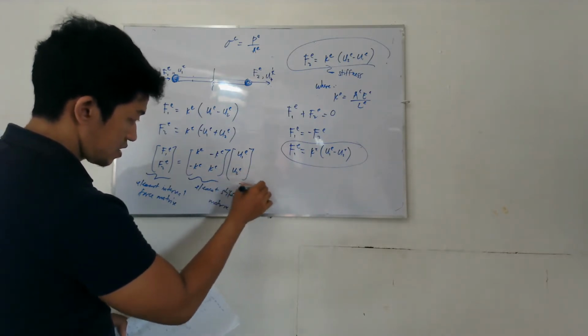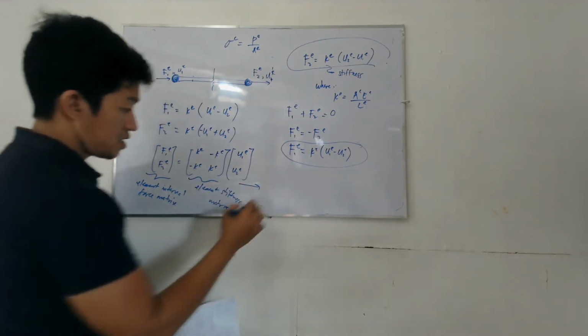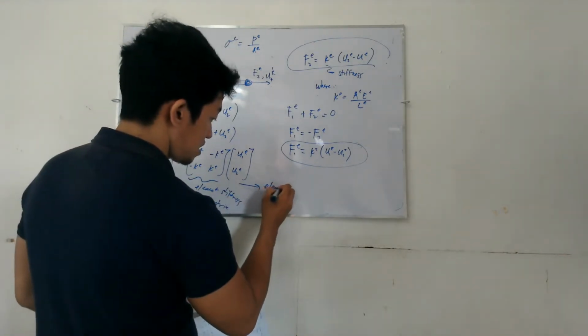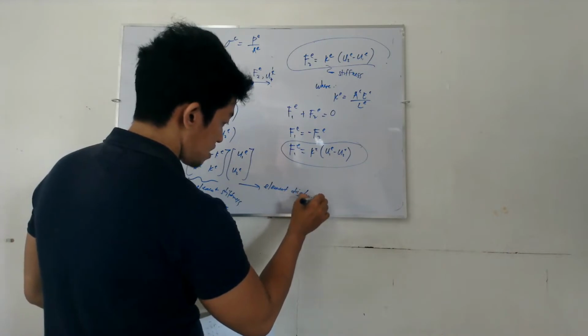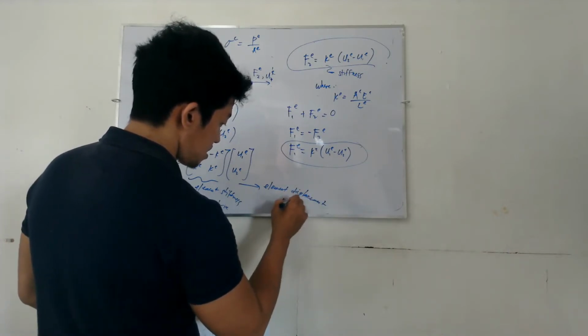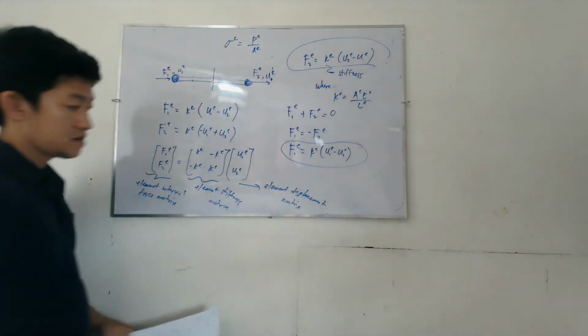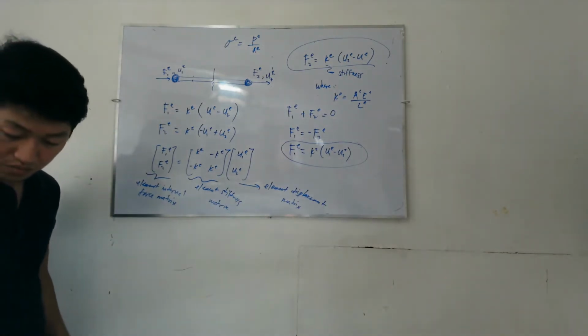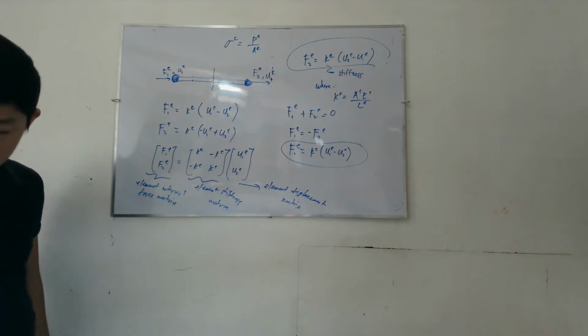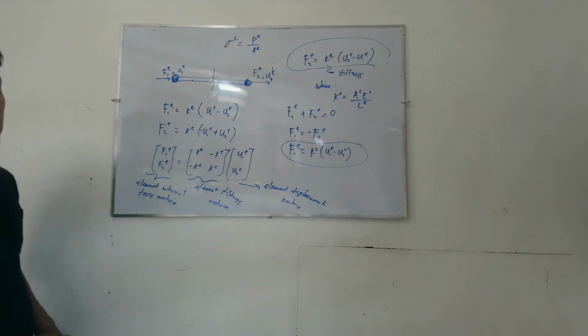And this one is the element displacement matrix. Okay, take note, this is only for element 1. So if there are more elements, you will have more equations.